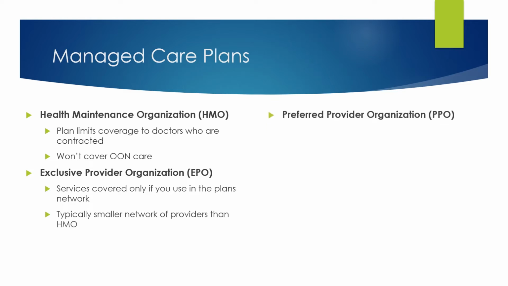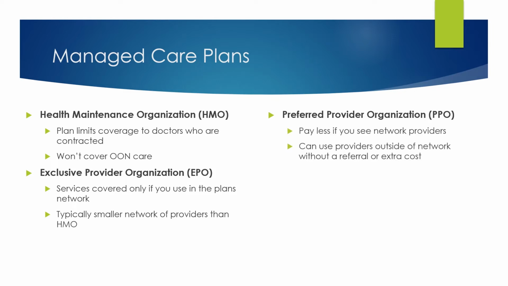Next is the PPO plan, or the Preferred Provider Organization. Unlike HMOs and EPOs, PPOs allow enrollees to use out-of-network providers for any reason, but the plan will typically only pay 70 or 80% of the out-of-network cost based on the plan's allowed limit.